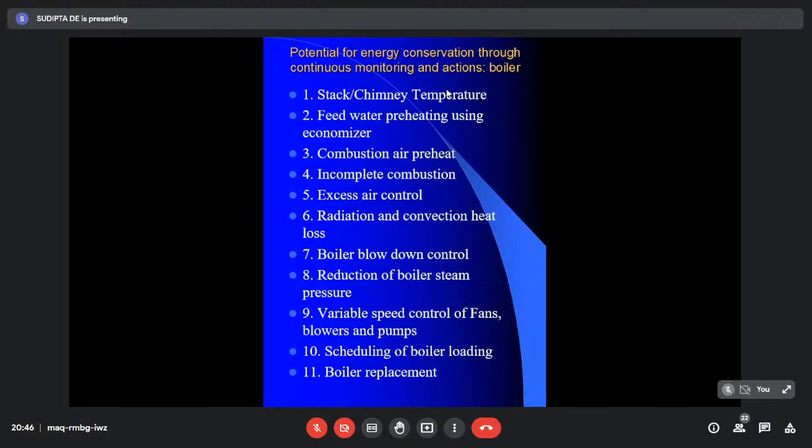Hence, continuous monitoring of stack temperature is required for better performance.